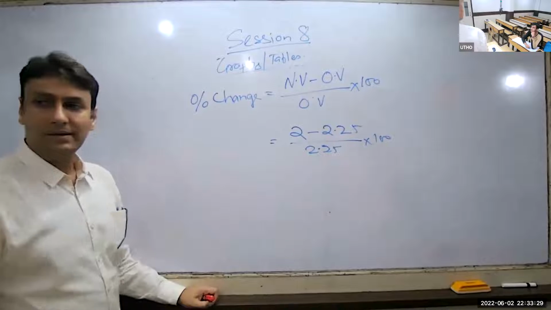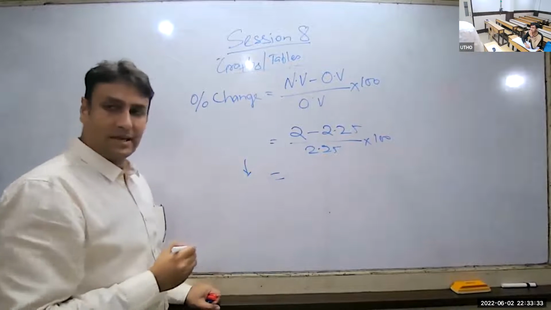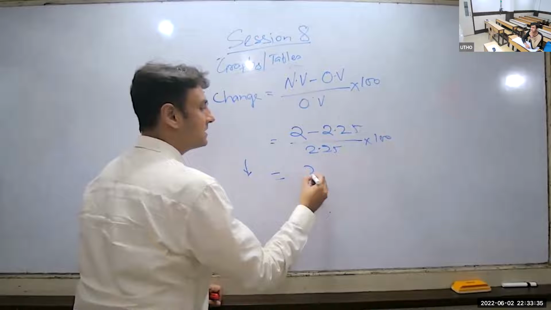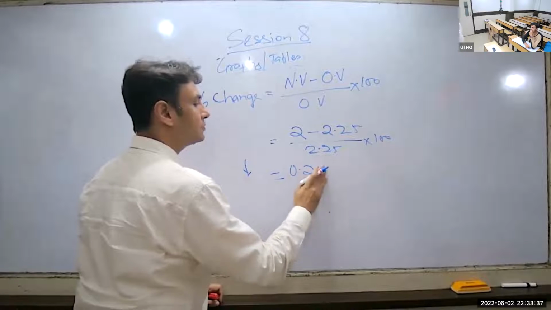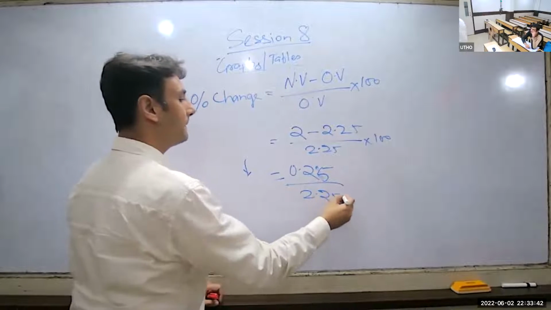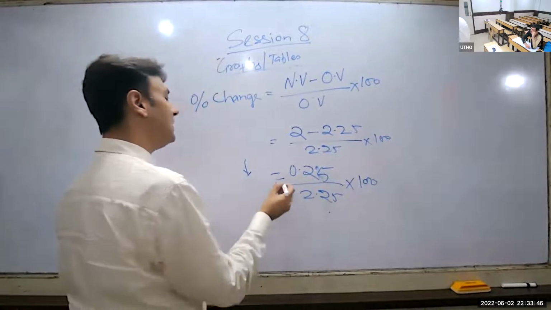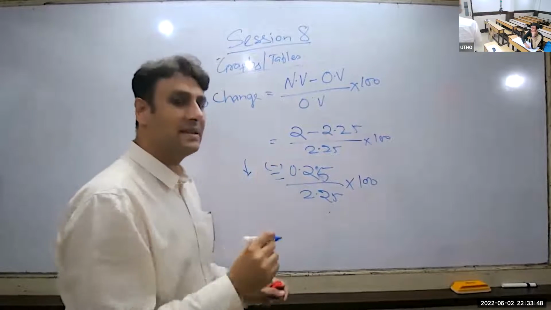This will come negative. Negative is telling me that this change is a decrease. So basically it is 0.25 upon 2.25 into 100. Why did I ignore the negative sign? Because the negative sign here means that there is a decrease.